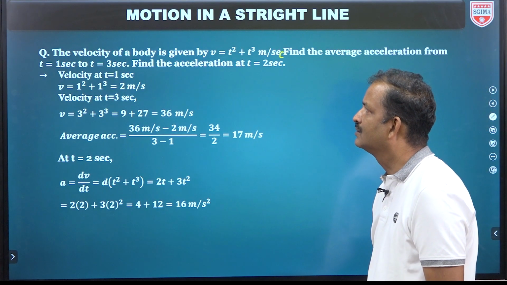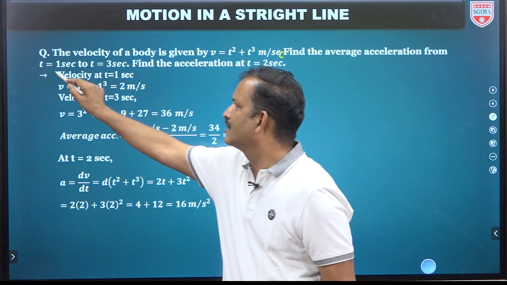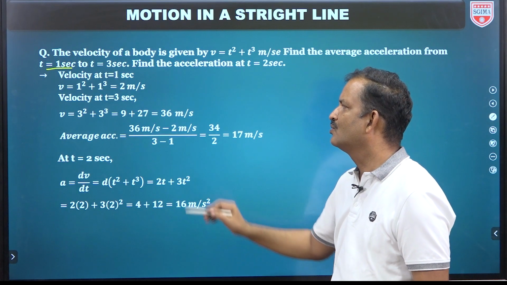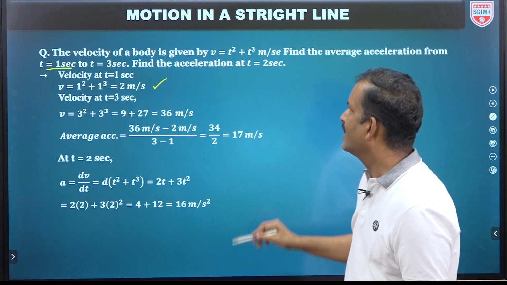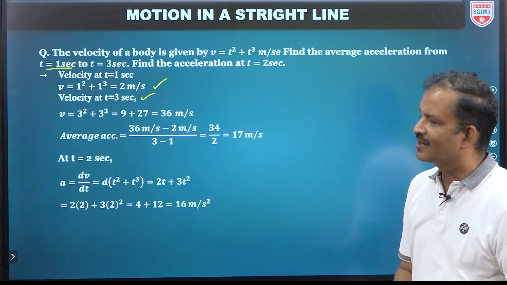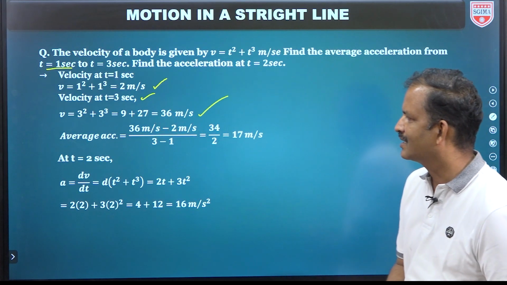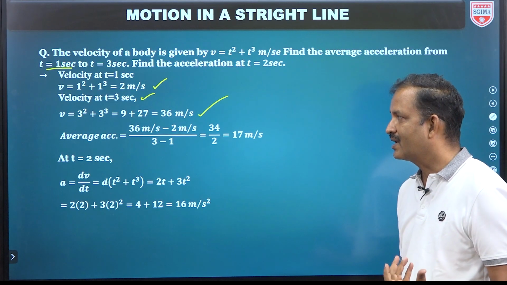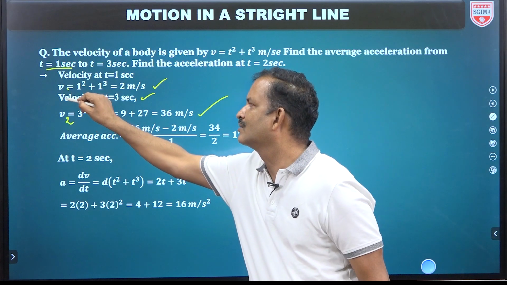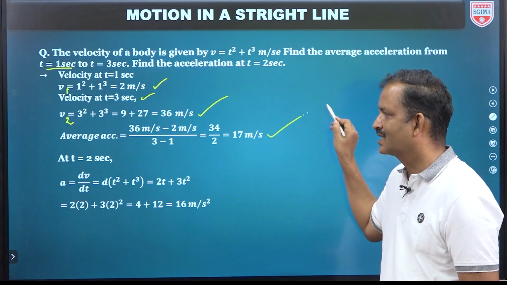For this, at t equal to 1 second, velocity is 1 square plus 1 cube, 2 meters per second. Velocity at t equal to 3 seconds is 3 square plus 3 cube, that is 9 plus 27, 36 meters per second. Average acceleration is v2 minus v1 by t2 minus t1, 17 meters per second square you are getting.